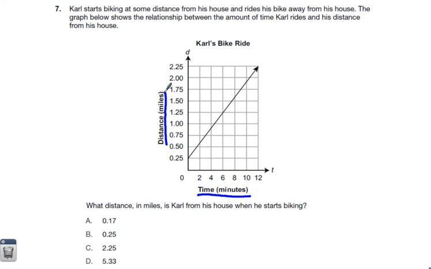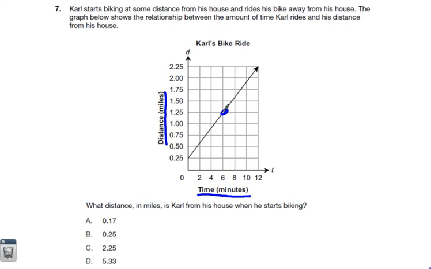So, for example, after 6 minutes, Carl would have ridden, I don't know what the word is, I'm not an English teacher, 1.25 miles. So the graph is just giving that.